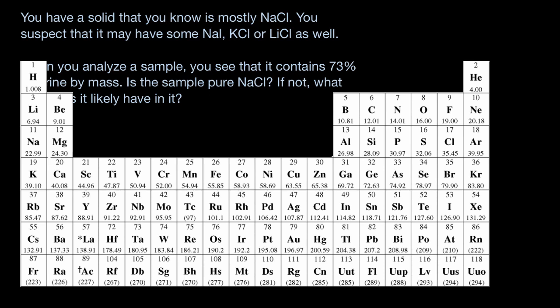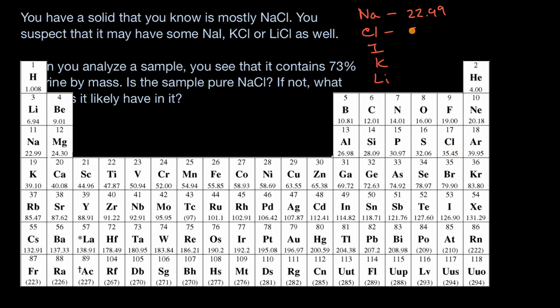To figure out the molar mass for each element, I just have to look at its average atomic mass and say, okay, I'm going to have that many grams per mole if I have a mole of that atom. Sodium, chlorine, iodine, potassium, and lithium. Sodium's average atomic mass is 22.99.